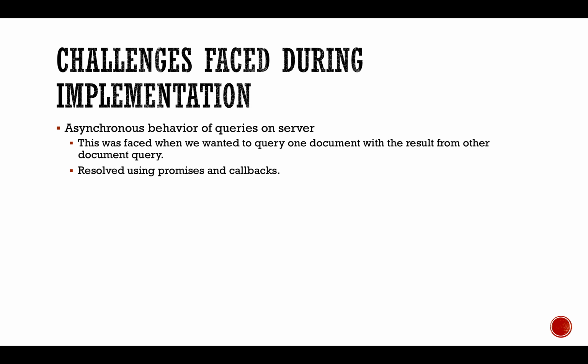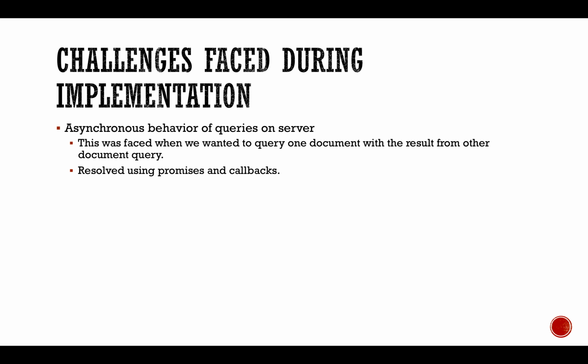We faced two major challenges during the implementation. First was due to the asynchronous behavior of queries and the way in which we designed our schemas. In order to retrieve data from the Photon schema, we have to start with the user schema, get the email of the user, and from the email, query the device schema to get the device ID.